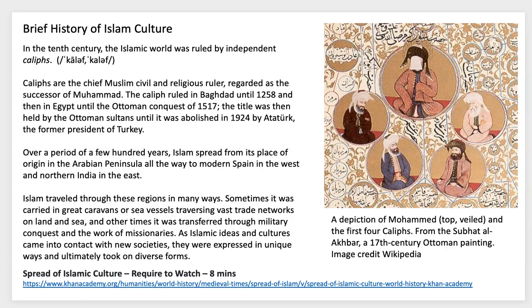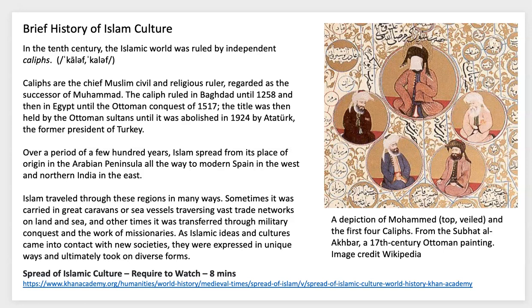For the most part, the Islamic culture had these civil, religious leaders called caliphs, and they were considered to be successors of Muhammad. And so they were ruling up until about 1258 in Egypt, until the Ottomans came in and took over and really started to have a different system of politics.